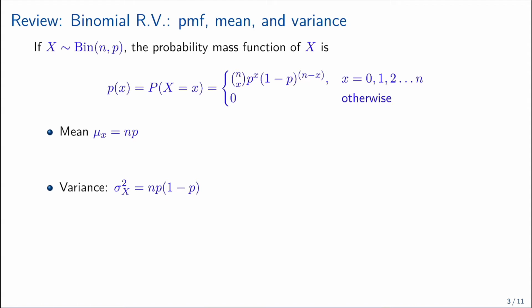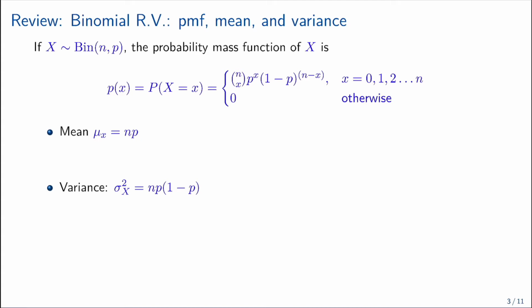Let's review the binomial random variable probability mass function, mean, and variance. Remember, we said that x is distributed as binomial with parameter n and probability of the Bernoulli trial equal to p.